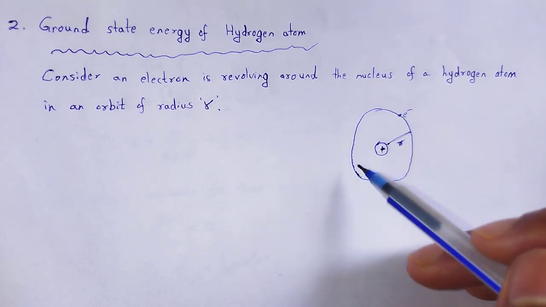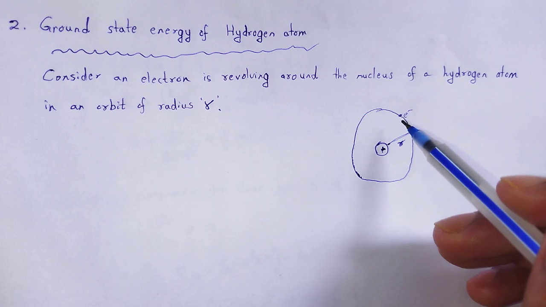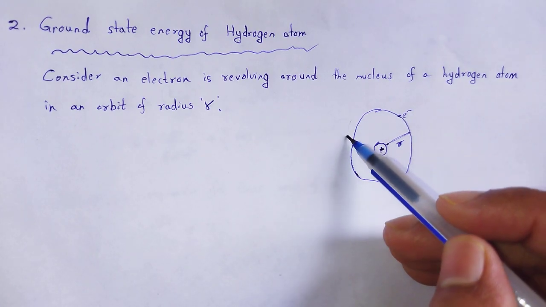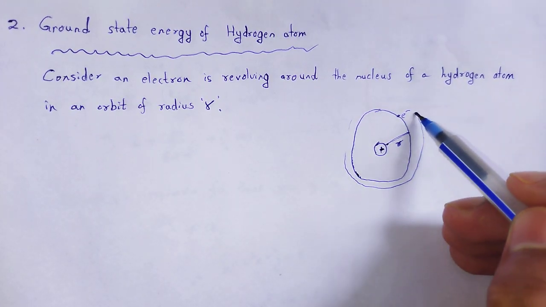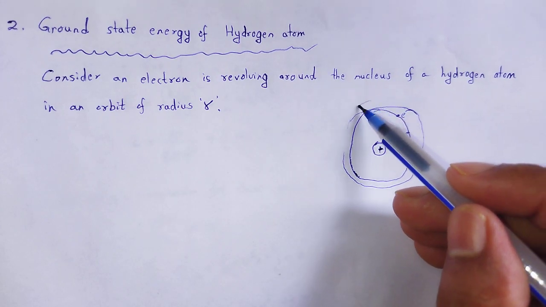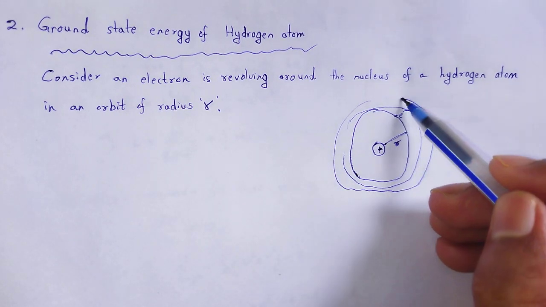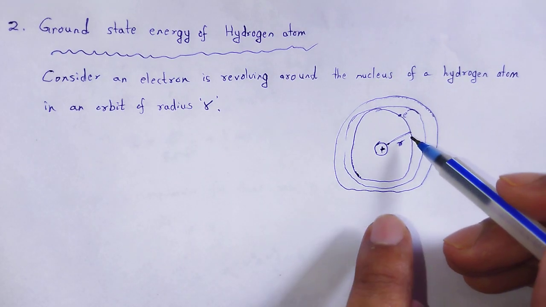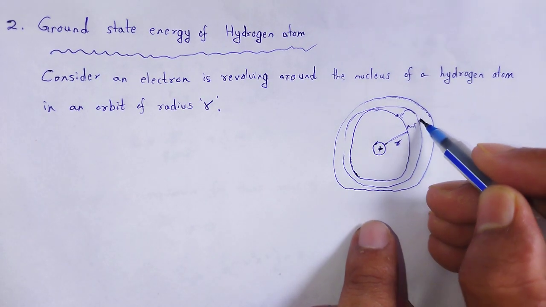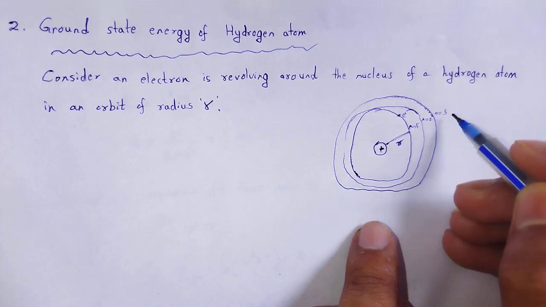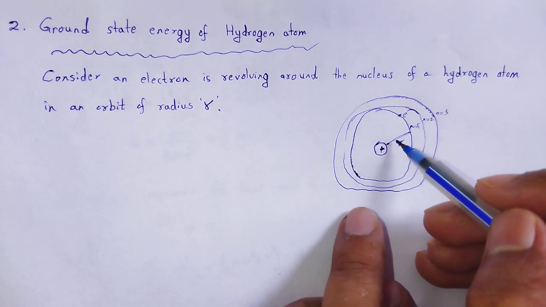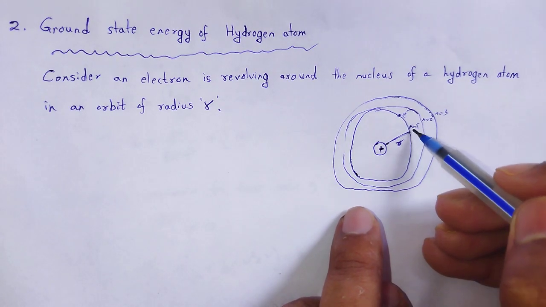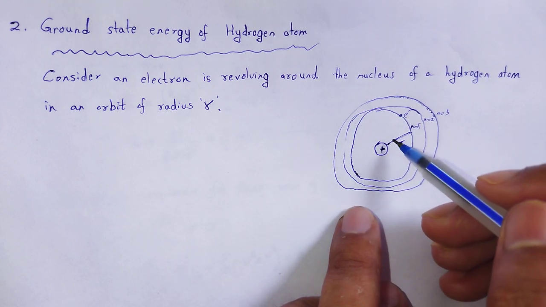In the hydrogen atom, there are a number of orbits through which the electron revolves, like n is equal to 1, n is equal to 2, n is equal to 3, like this. N is equal to 1, that is the ground state.